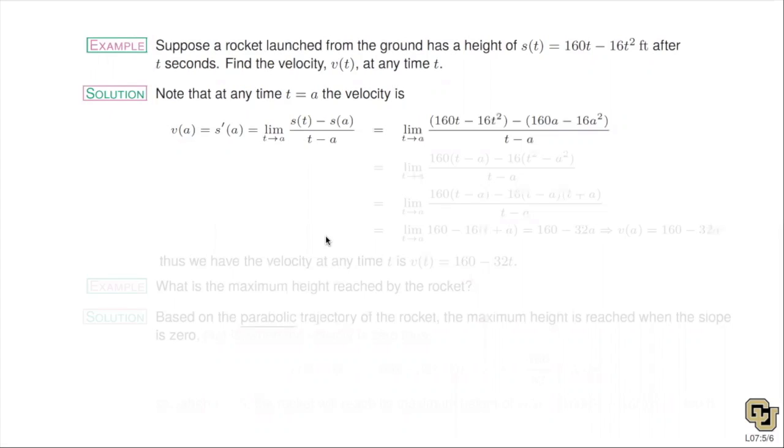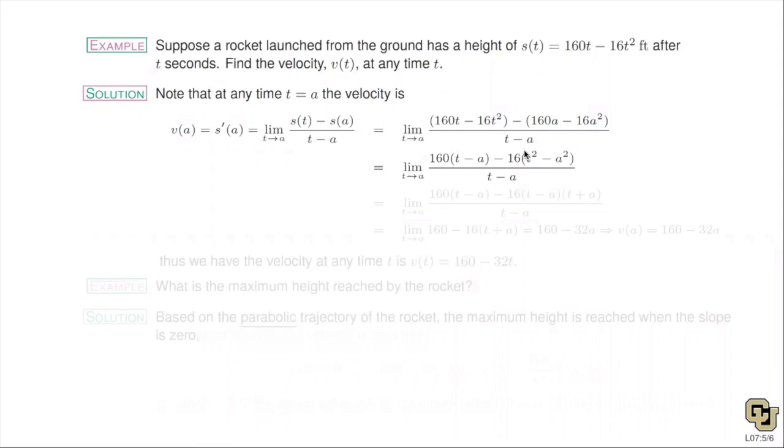Here I plugged in the functions, and then I combined the like terms. Anything multiplied to a first order term, like 160t and 160a, I combined those. Anything multiplied to a second order, quadratic term, like 16t squared and the minus 16a squared, I put those together.